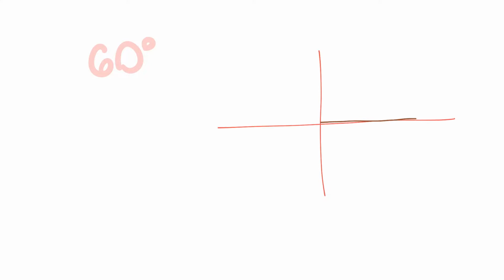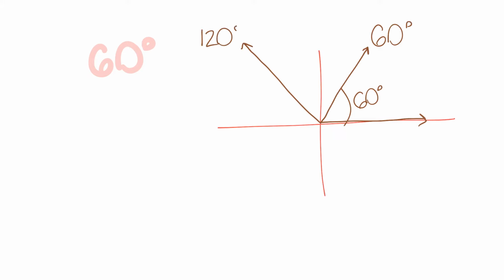Now, the final one is 60 degrees. So 60 degrees is a similar situation. We're going to go through the same process. Here's my angle in standard form at 60. Right? 60 degrees is my reference angle, so 60 degrees in quadrant 1. In quadrant 2, a 60 degree reference angle is going to be an angle at 120, right?